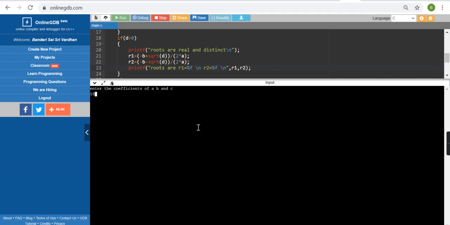Now the cursor is waiting to enter the values 18, 10 and 6 or 7, whatever, maybe 6. Right, now you can see the roots are imaginary and the value is 332. I will compile it again. 6, 10, 18, 5, 3, 9.